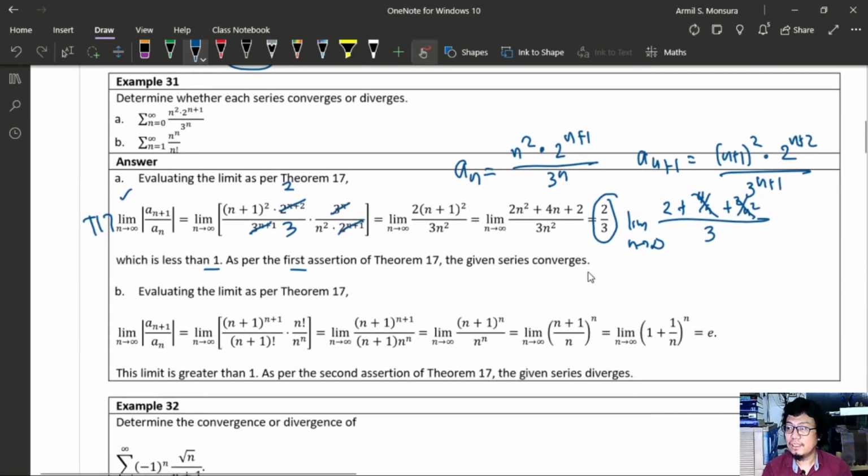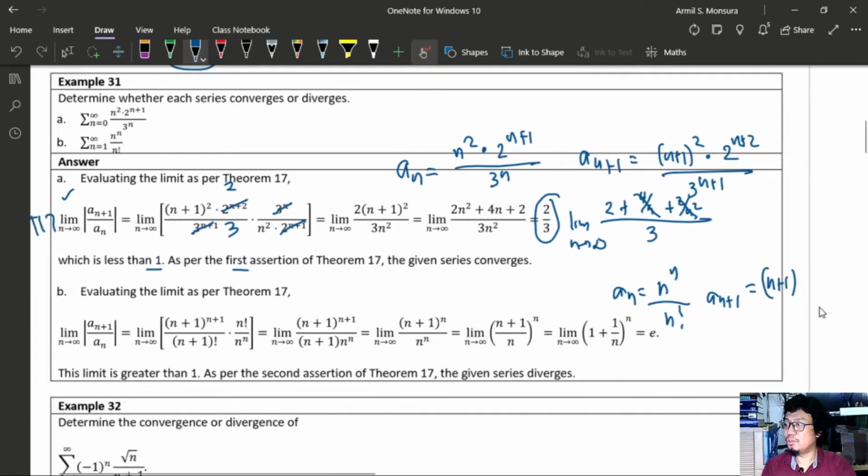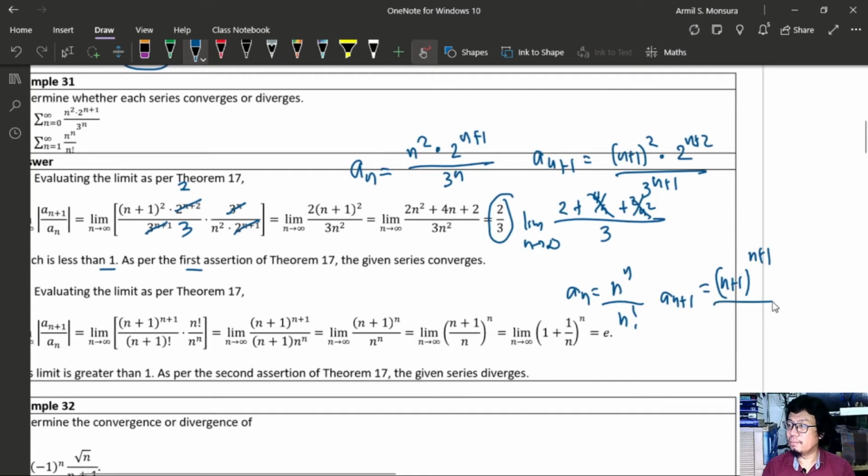For letter B, this is n raised to n over n factorial. So that's your a_n. Your a_(n+1) is (n+1) raised to n plus 1, divided by (n+1) factorial.